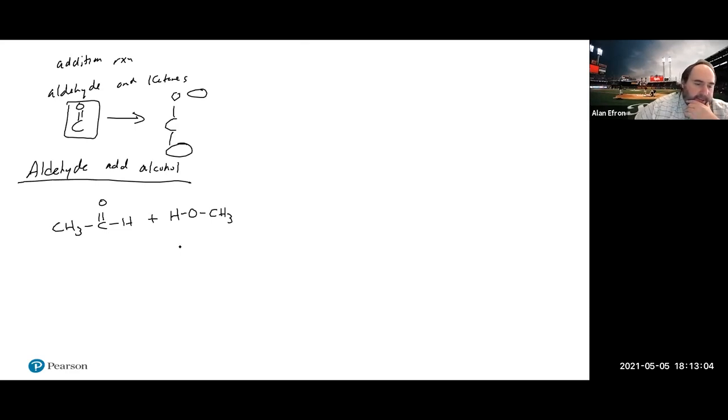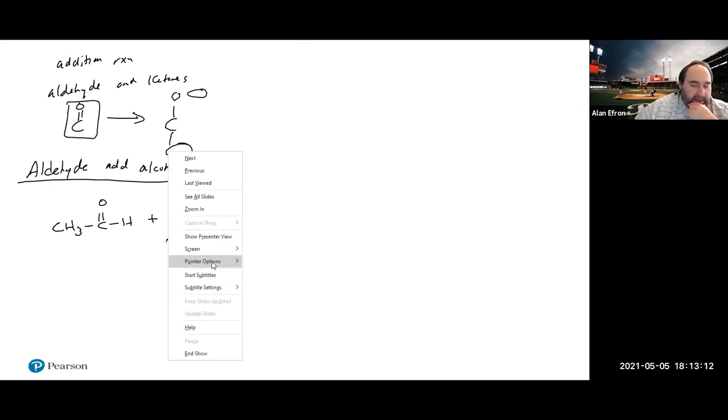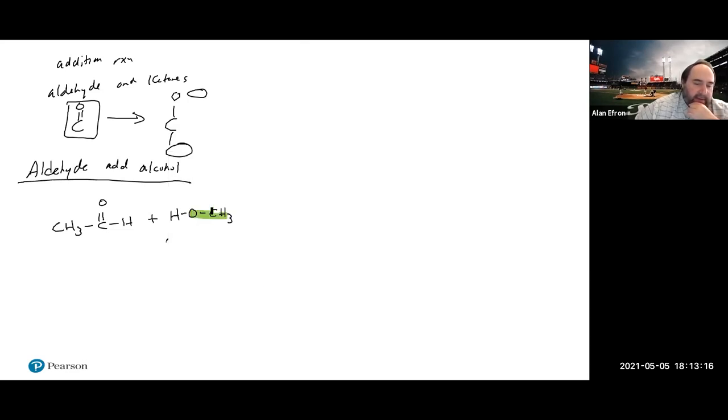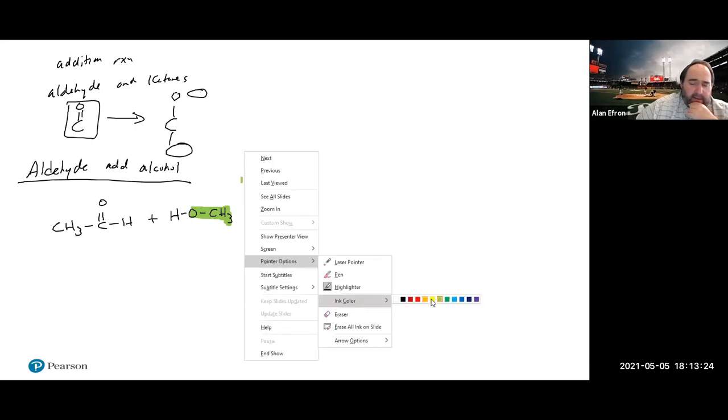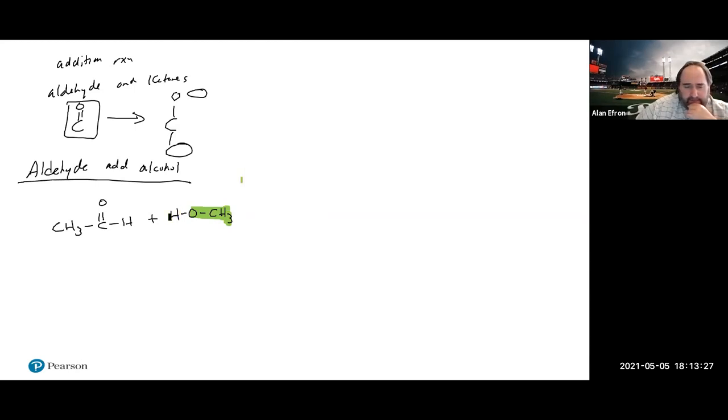And a couple of things here. Basically, when we add this, we're going to look at the methanol as two things. The two things in this case are going to be this oxygen carbon part and the other one is going to be the hydrogen part. So these are really the two parts that are going to be added in when we do this reaction.